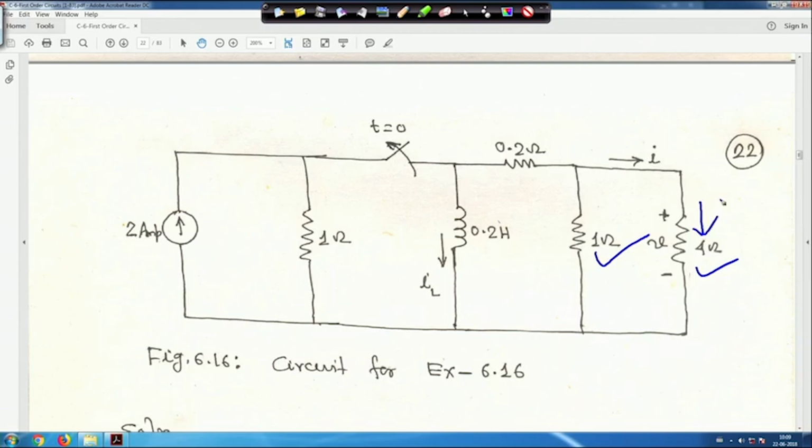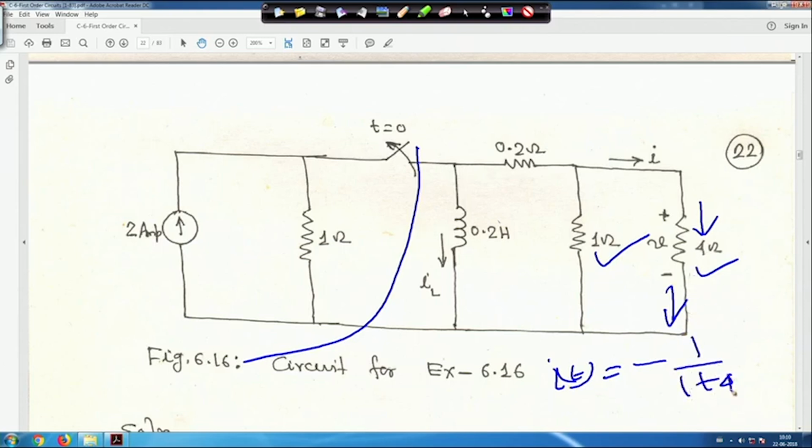This part of the circuit is not there, this is the IL current, and this is the current I coming through this way. So if you go for current division, this I in terms of t will be minus, because of the current direction, 1 upon 1 plus 4 into IL(t).